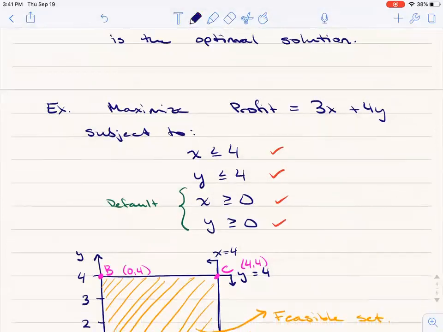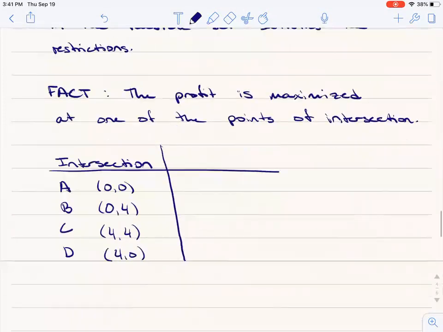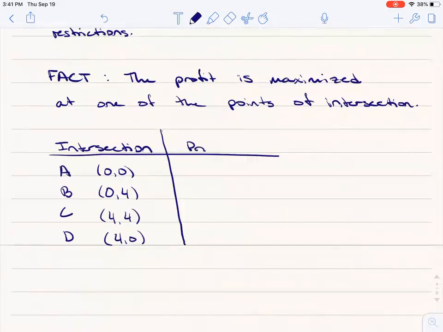So we've got profit is 3x plus 4y. So I'm going to put that here. Profit is 3x plus 4y. Remember, the intersection is x comma y.